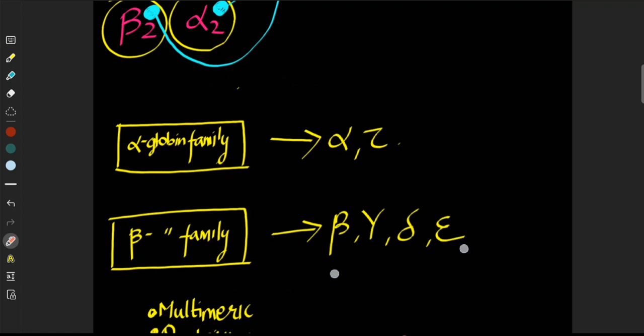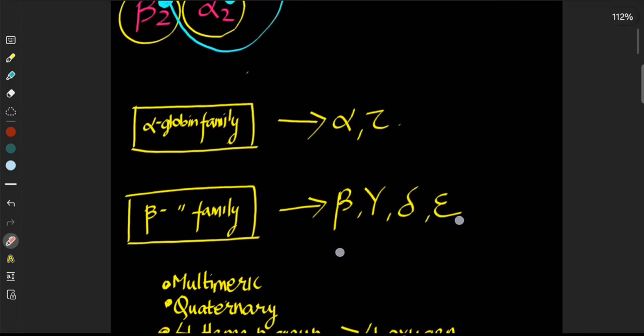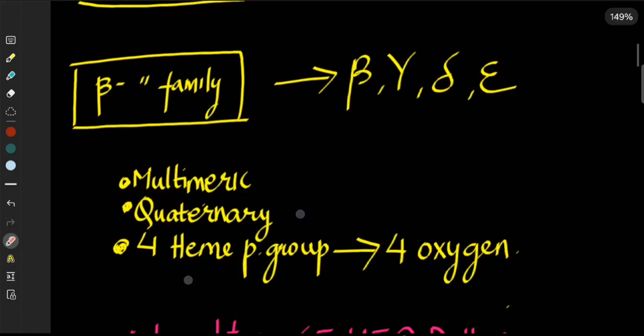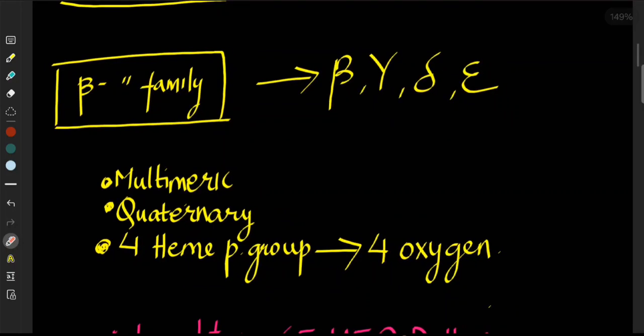So first, let us see some details about hemoglobin. Hemoglobin is a multimeric protein, right? Multimeric means it consists of more than one polypeptide, and specifically, it is a heteromultimeric.